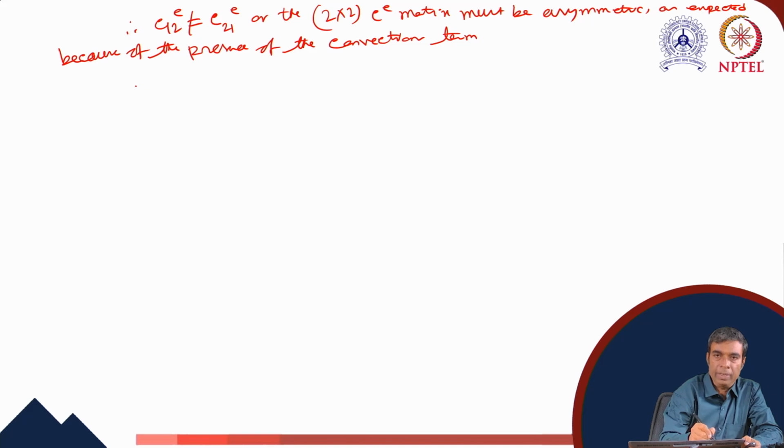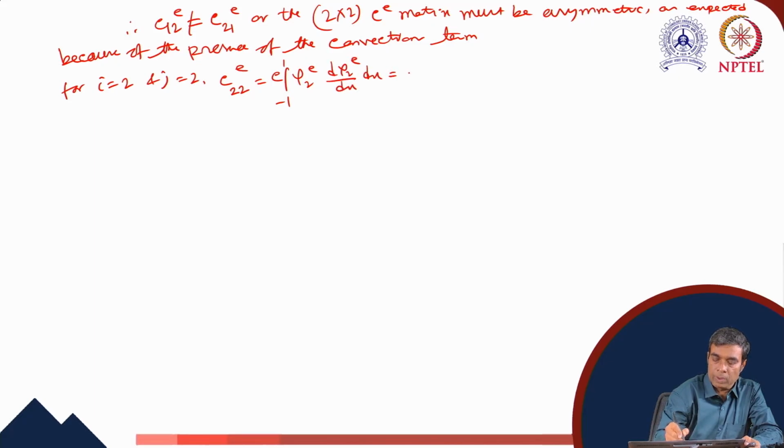Now we are left with the last term. For i equals 2 and j equals 2, we get C22E equals C integration from minus 1 to 1 of psi2E d psi2E dx, equals C integration from minus 1 to 1 of half of (1 plus xi) into half d xi.